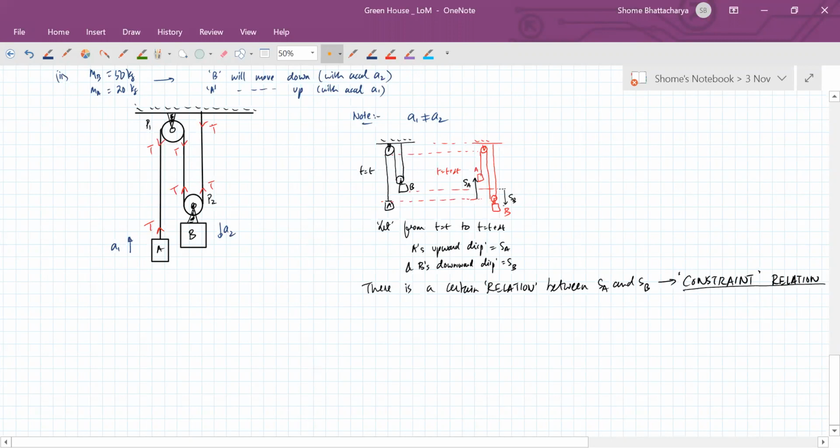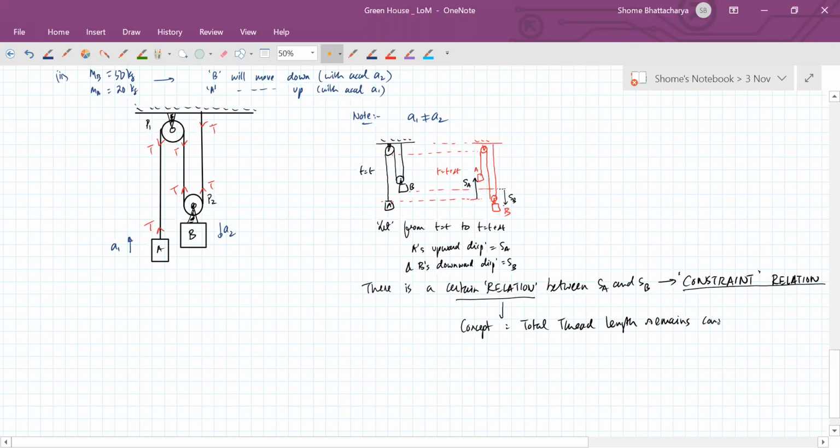Okay. So how do we develop the constraint relation? This relation comes from the concept that the total thread length remains constant.